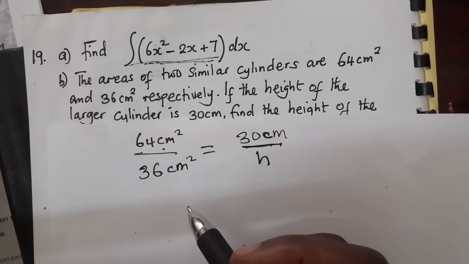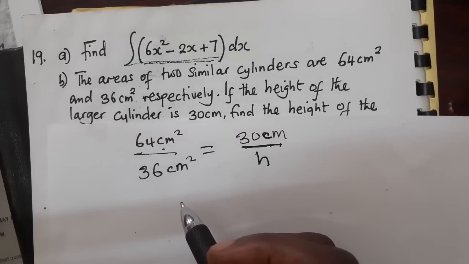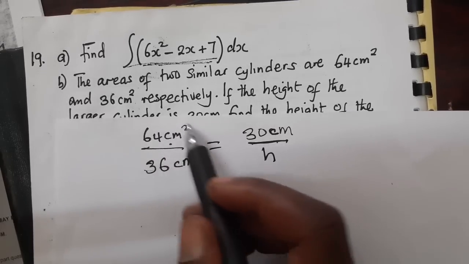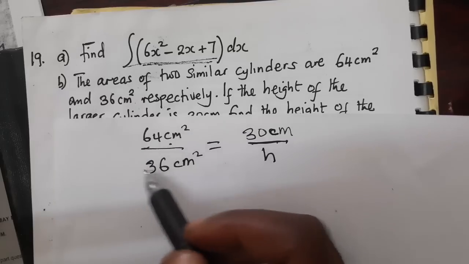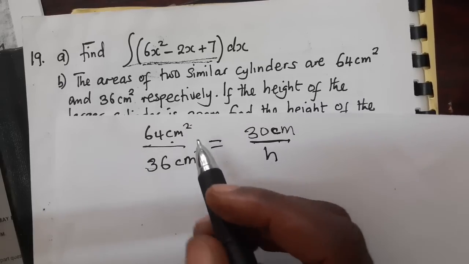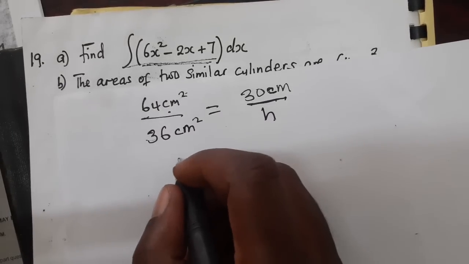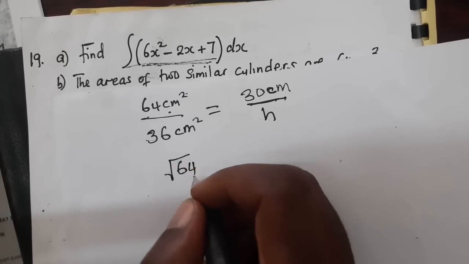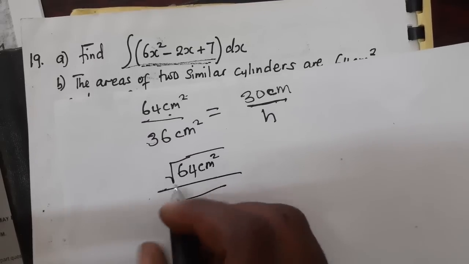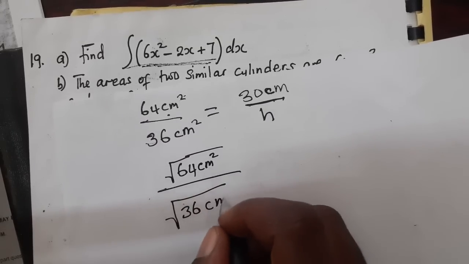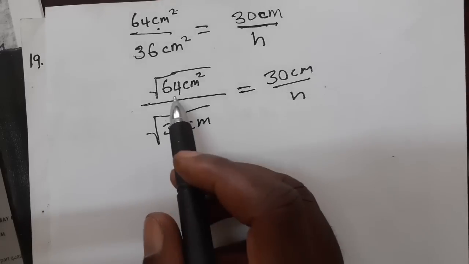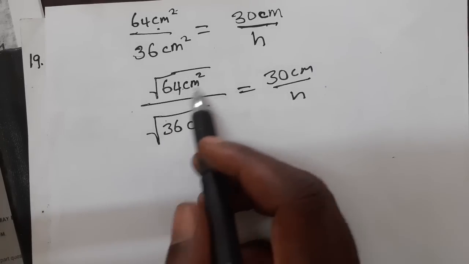As you can see, we have the squares here, so we can simplify this one by taking the square roots only, because we need to have uniform units. So what are we going to get here?